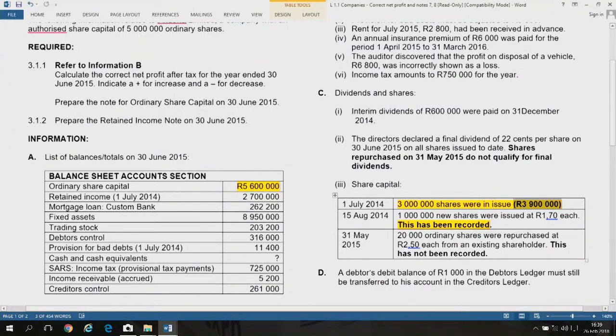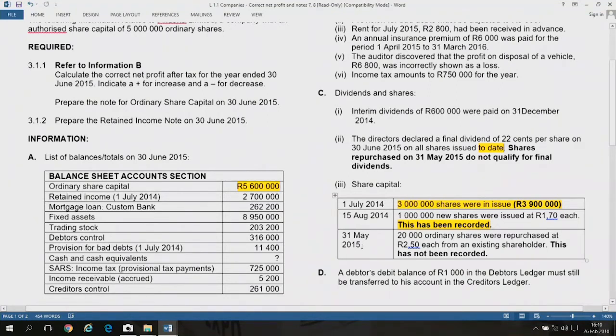The directors declared a final dividend of 22 cents per share on the 30th of June on all shares issued to date. It means on the 30th of June, if you're not a shareholder anymore because they bought back the shares, then you are not going to receive dividends. If you're still a shareholder and they buy back the shares on the 30th of June, for example, 2 hours before they declared a final dividend, then they are going to give you a dividend.